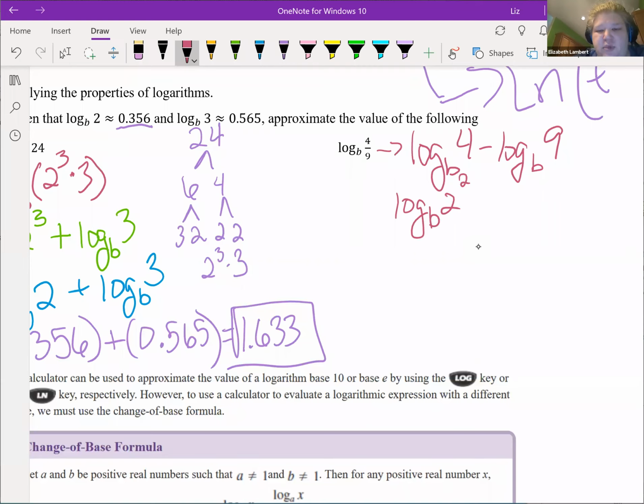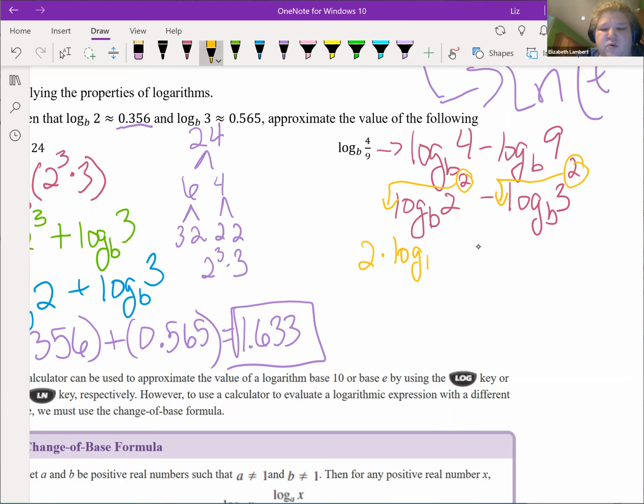That's 2 squared and 3 squared. And indeed, we are going to power down. And now it looks quite similar to what we had in the previous step. So 2 times log base b of 2 minus 2 times log base b of 3.